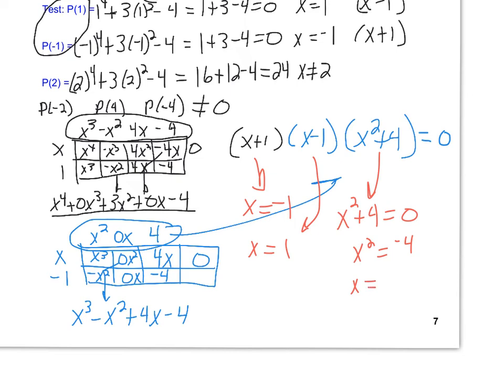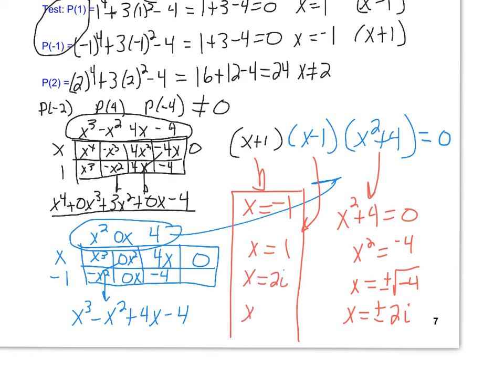Take the square root of both sides, and you get plus or minus the square root of a negative 4. And the square root of negative numbers are the imaginary numbers. You're going to get plus or minus 2i. So our final series of solutions is x equaling a negative 1, x equaling 1, x equaling 2i, and x equaling a negative 2i.